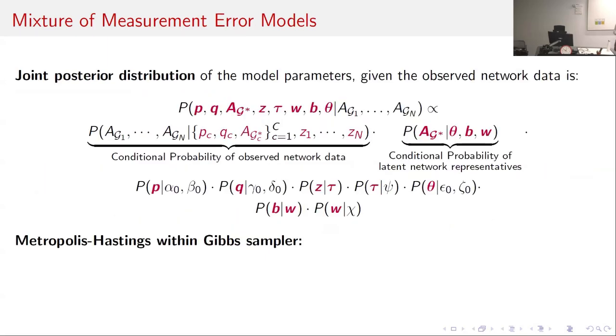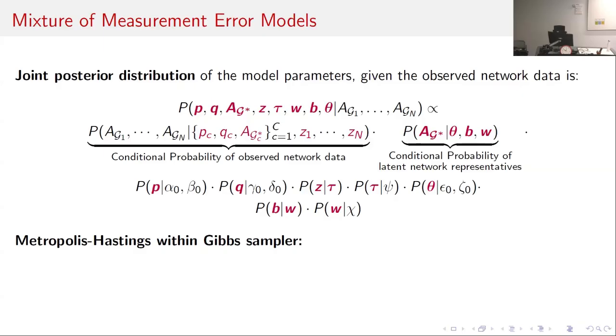So we have what we need here in order to obtain the joint posterior distribution for all the model parameters given the network data, which is proportional to the conditional probability of the observed network data. This is the mixture model of the measurement error. Times the conditional probability of the latent network representatives, which is the stochastic block model.